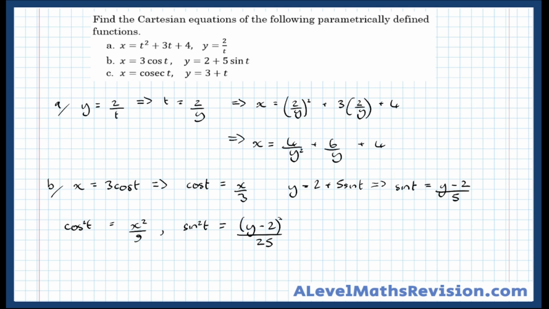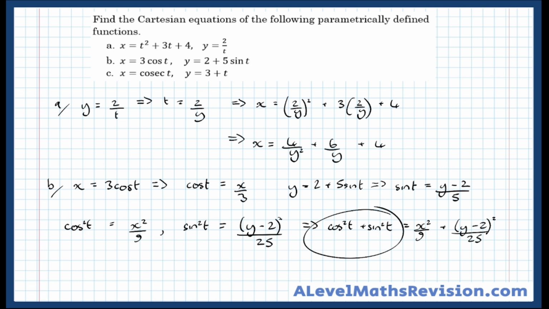Now here's the trick. Use trig identities to eliminate these. If we add these two equations together, we get the left-hand sides, which is cos squared t plus sin squared t, and you can hopefully see where this is going, equal to the right-hand sides added together. So x squared over 9 plus y minus 2 squared over 25.